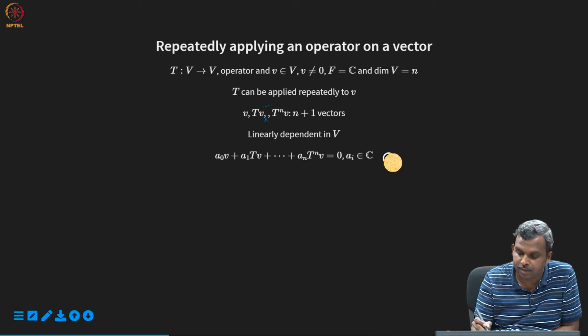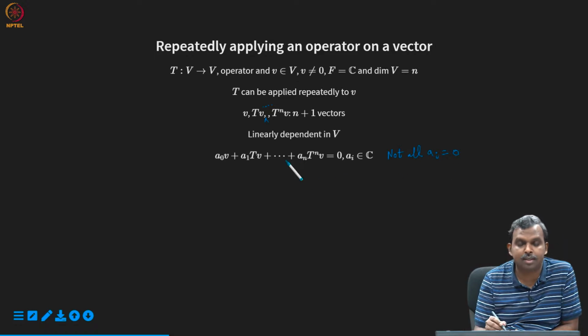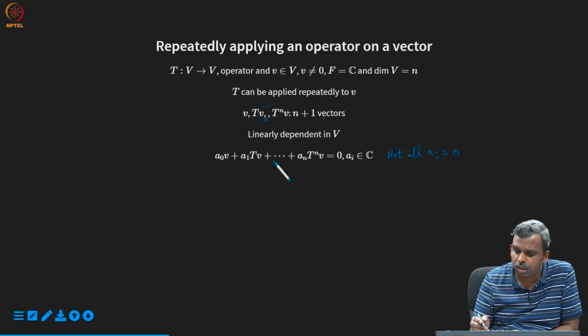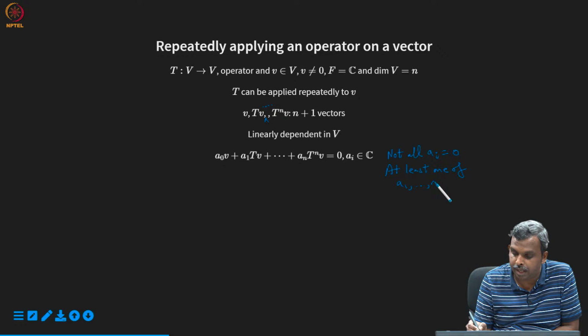This is a condition that's needed for linear dependence. In fact you can say a little bit more: in this case, at least one of a1 through an is not equal to 0.